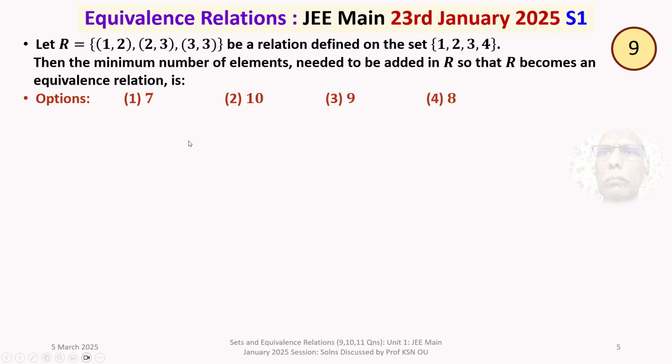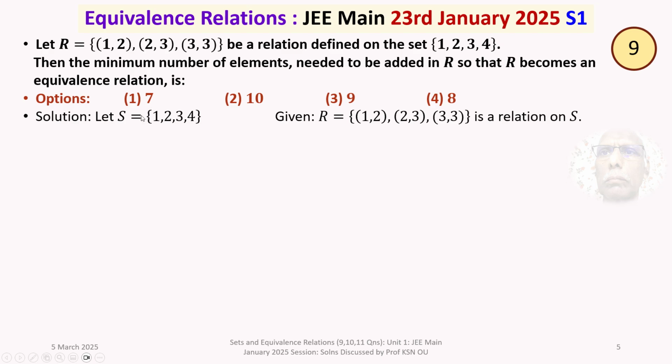It is a very simple question. Let's now discuss the solution of the problem in detail. Let S be the set consisting of the elements 1, 2, 3, 4. R is a relation on S, where R is given as the ordered pairs (1, 2), (2, 3), (3, 3).